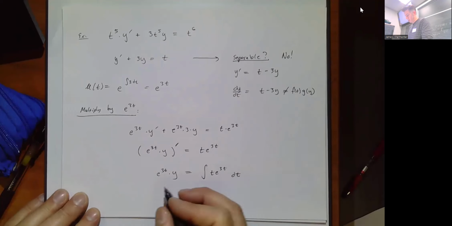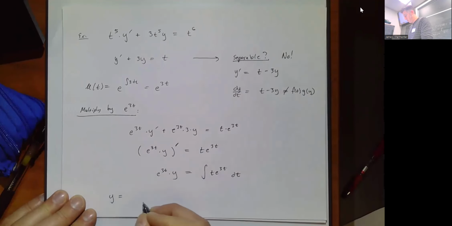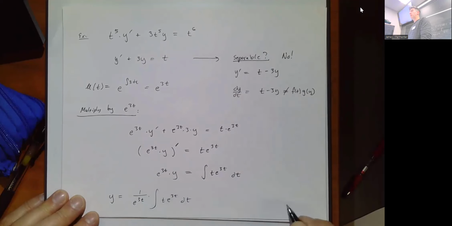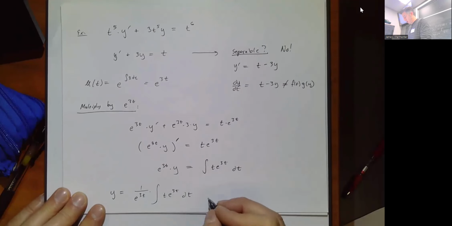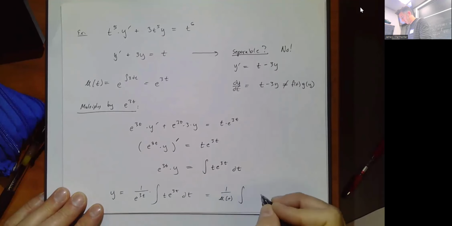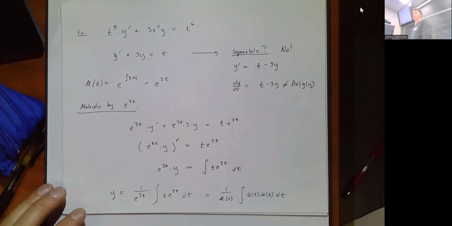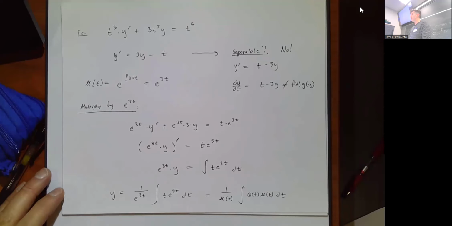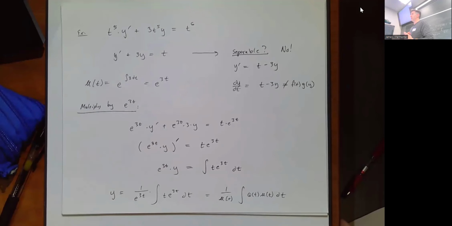And solving for y is going to be 1 over e to the 3t times the integral of t e to the 3t. As expected, right? This is definitely our 1 over the integrating factor times the integral of q times the integrating factor. That's what we knew we were going to get from the get-go.